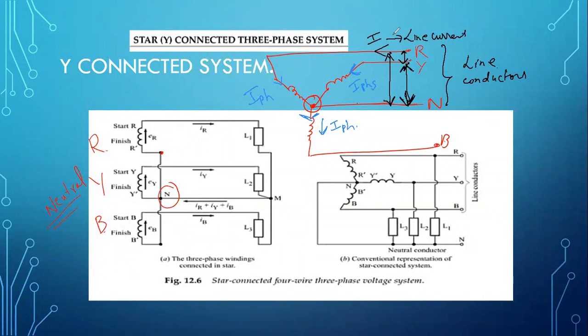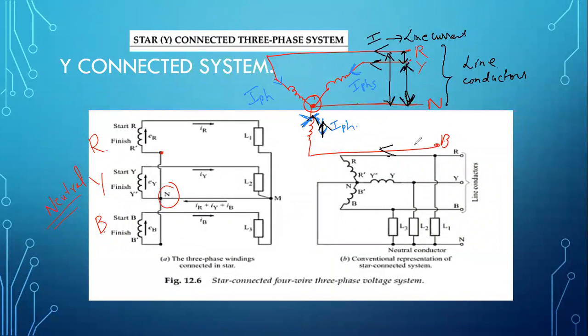If you look carefully, all these line current values are equal to the phase current. So here the direction should be like this. I should use blue here. You can see all the currents coming inwards.